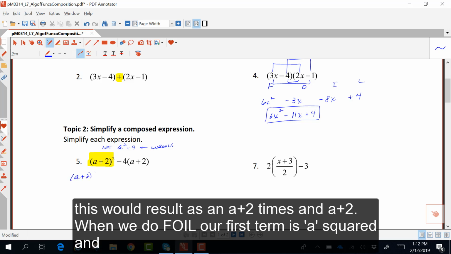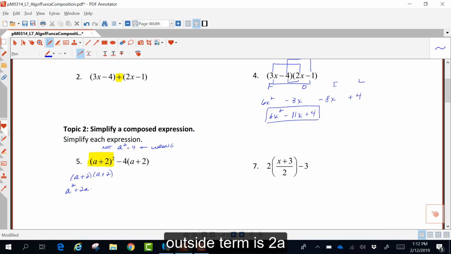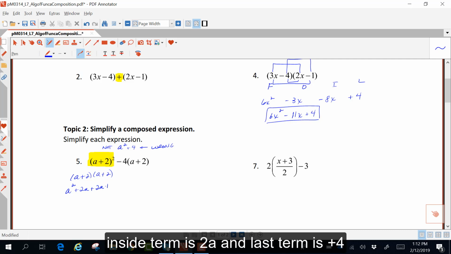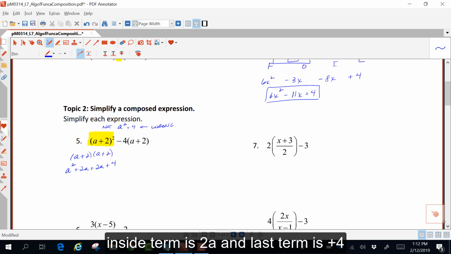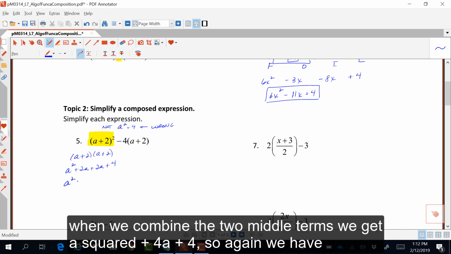This would result as an a plus 2 times an a plus 2. When we do FOIL, our first term is a squared, outside term is 2a, inside term is 2a, and last term is plus 4. When we combine the two middle terms, we get a squared plus 4a plus 4.